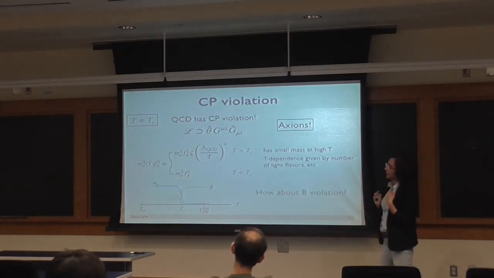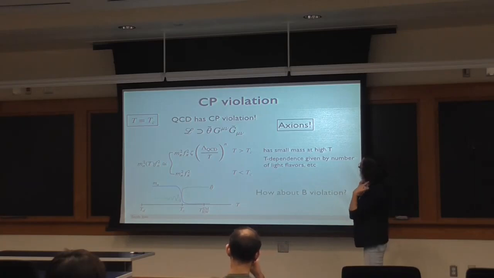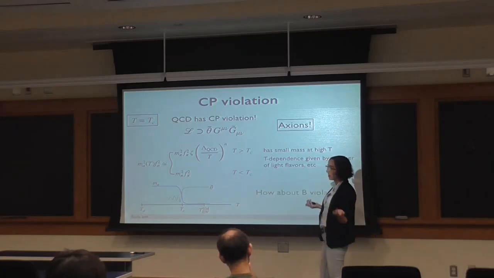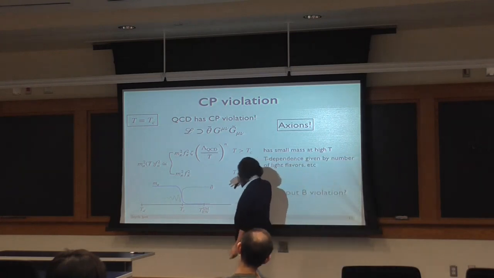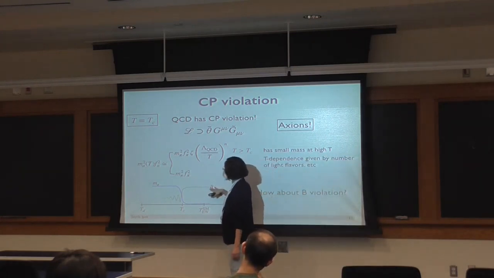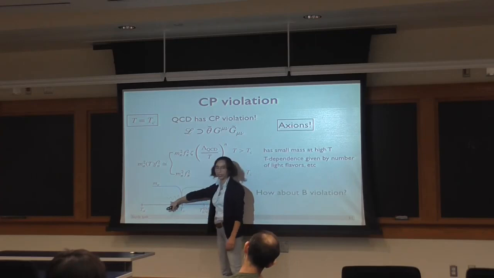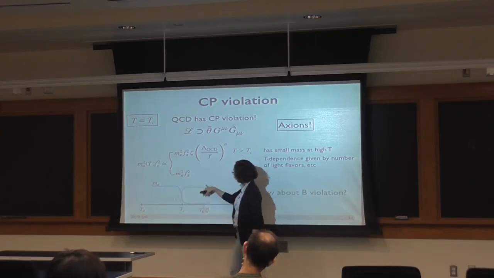Furthermore, as I said at the very beginning, QCD can also have CP violation via the new field called the axion. What the axion field does while all of this is happening is that at high temperatures, the theta bar quantity, the CP violating quantity, is 1, and at the critical temperature when QCD confines, theta bar relaxes down to its value of more or less 0.